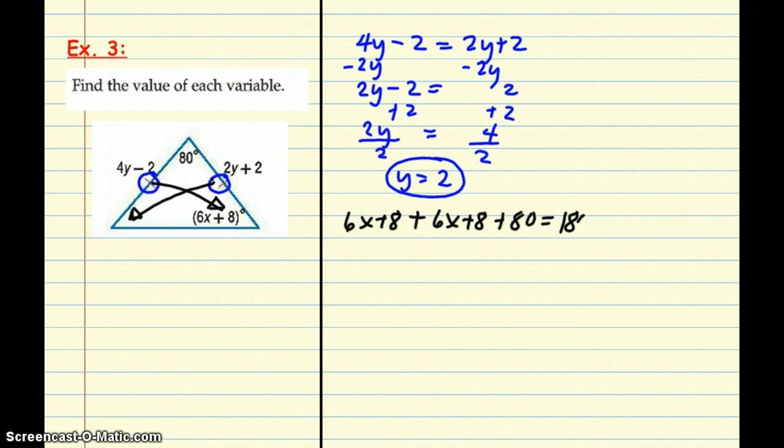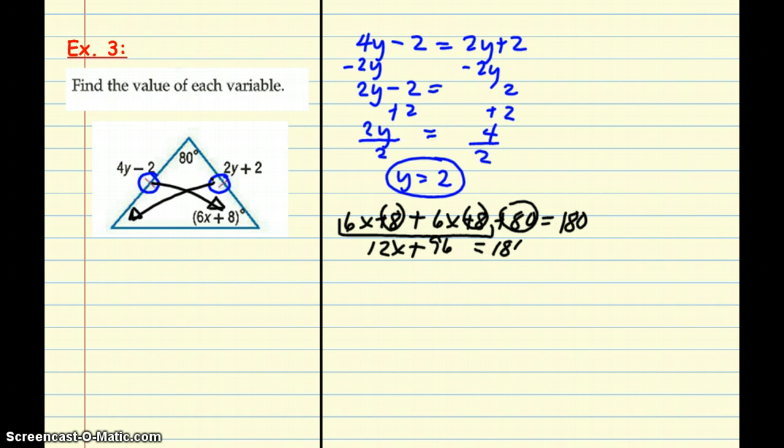Again, those are our three angles added up to 180 degrees. And we know that because of the isosceles triangle theorem, these two are going to be the same. So from here I'm going to combine terms. I've got 6x and 6x, 12x, plus 8 and 8 is 16, plus 80 is 96.